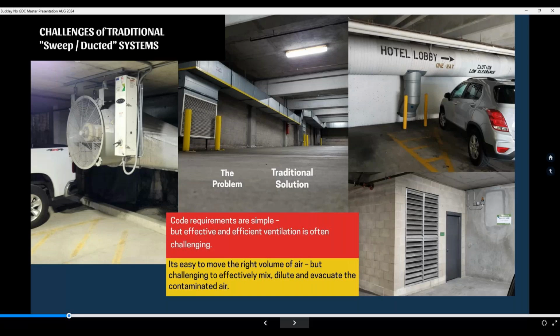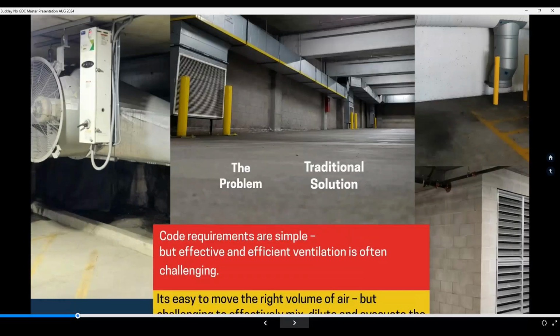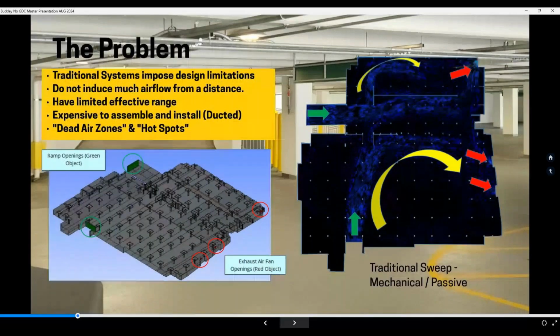Again, I want to point out here, it's easy to move the right volume of air, but the challenge is how to effectively mix, dilute, and evacuate those contaminants. So when we look at the problem of traditional sweeping systems and traditional ducted systems, I use this to illustrate. You see, we have a 3D model on the left, and we have that model in plan view undergoing CFD analysis on the right.